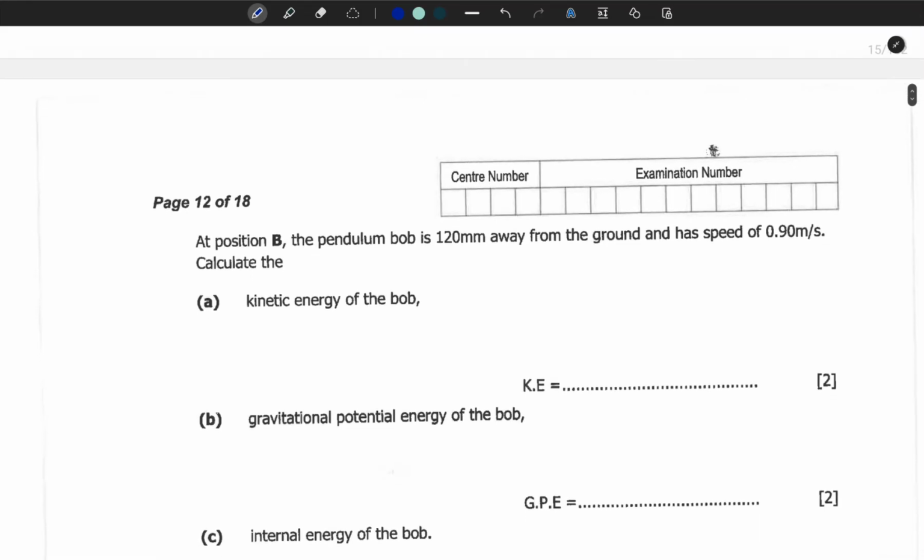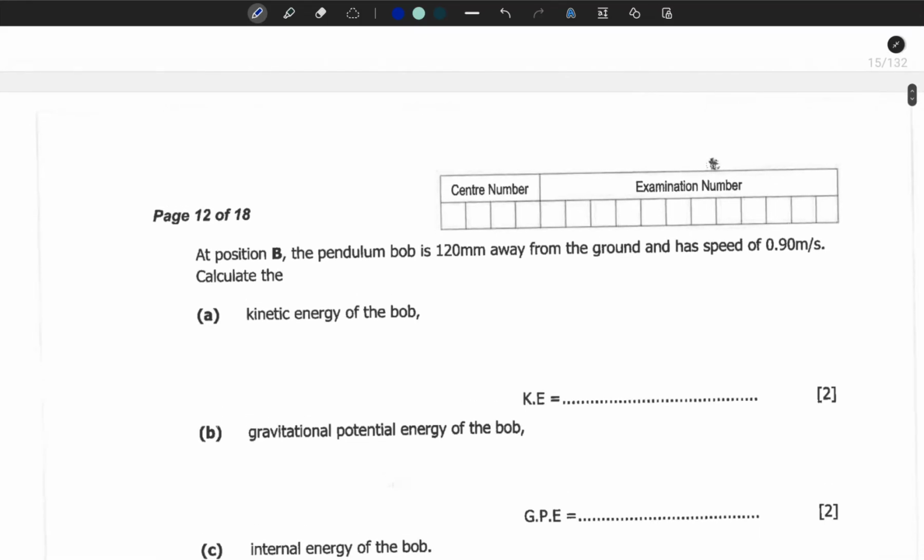A. At position B, the pendulum bob is 120 millimeters away from the ground and has a speed of 0.90 meters per second. Calculate the kinetic energy of the bob. So KE is equal to half times mass times v squared.